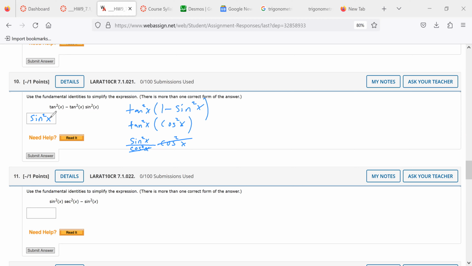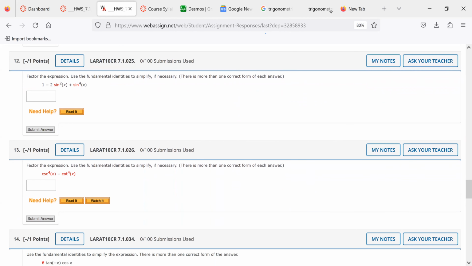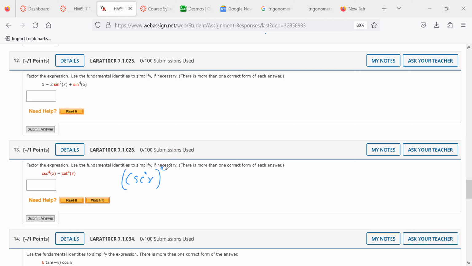So do something similar for 11. Twelve and 13 are factoring, so let me do 13, I guess. So we should see that this is equal to cosecant squared, right?